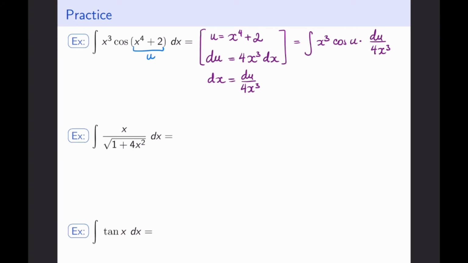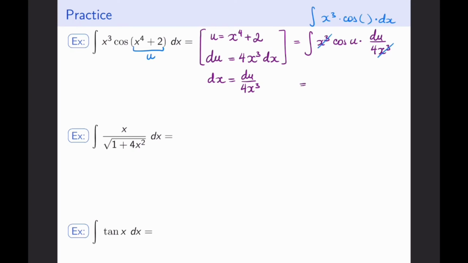Okay, so again, compare the beginning integral to this one now. What I had before was x cubed times cosine of a thing times dx, and I've now replaced that thing with u and dx with the expression for it in terms of du. Now, it is clear that everything is going to work out because this x cubed and this x cubed canceled.